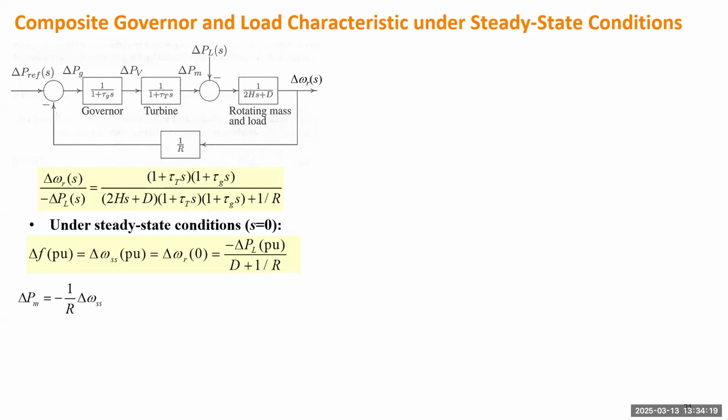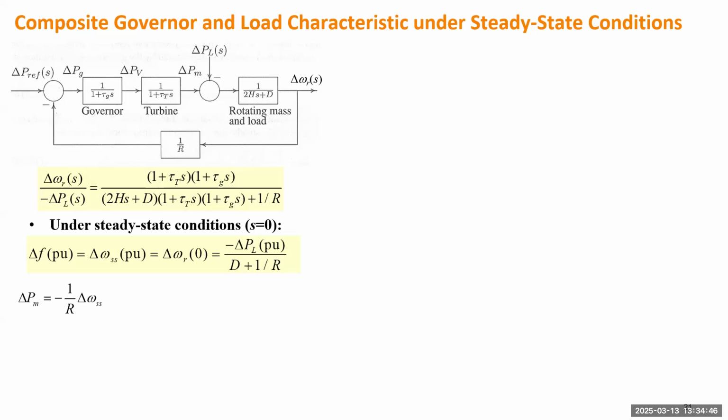Another thing we can study is, under steady state condition, how does the frequency influence the change in the mechanical power? So this will be the static frequency, right? They will first go through this 1/R, then come back and go through governor and turbine, because both governor and turbine under steady state condition are 1.